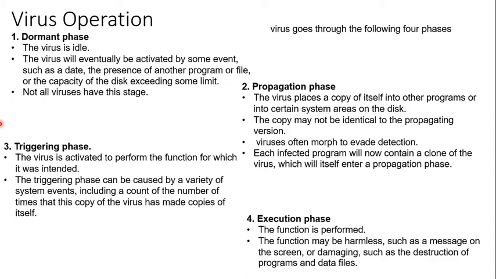When I say virus operation, as usual, let me compare with a biological virus. As soon as a virus enters the human body, what are all the steps that will be initiated? If I compare with the current coronavirus, I hope you might have already known so much information from the news.